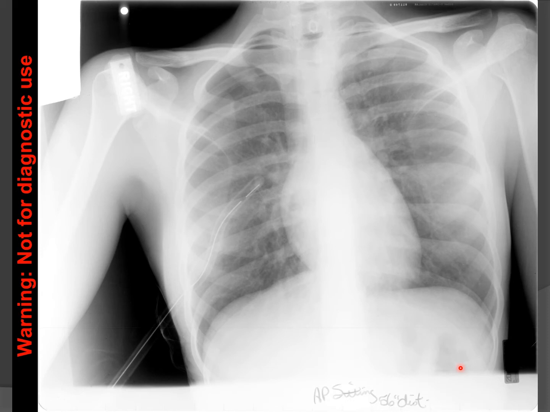Next thing that you see here is 56 inches distance. Chest x-rays are done at 6 feet, 72 inches. So when we have to do it at 56 inches, typically this is because we're doing it portable, and we can't get 72 inches due to the confines of the area that we're working in. So all of these things tell you something.